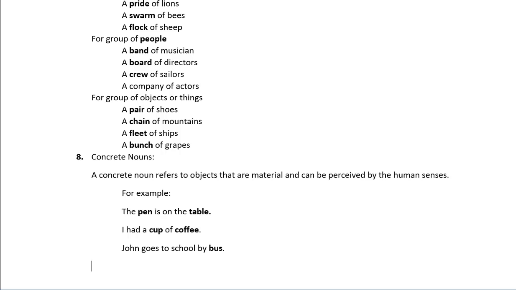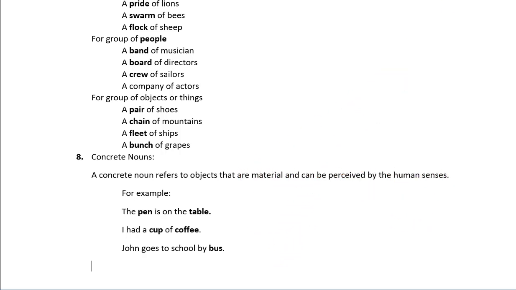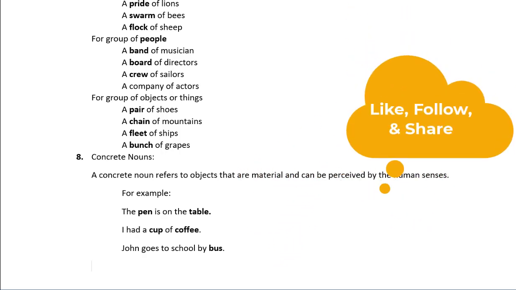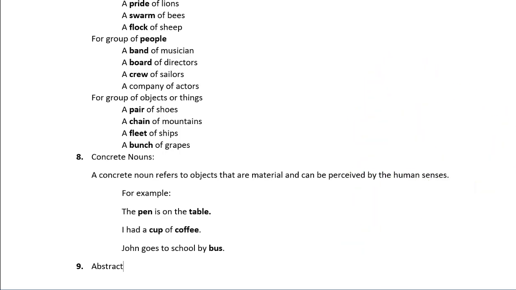We are moving toward the last type of noun, that is abstract noun. Inshallah, we are going to conclude it with examples. So number nine is abstract. You can read or memorize these nouns in contrast, concrete and abstract. Concrete is the opposite of abstract. Okay, abstract nouns. So, what is an abstract noun?